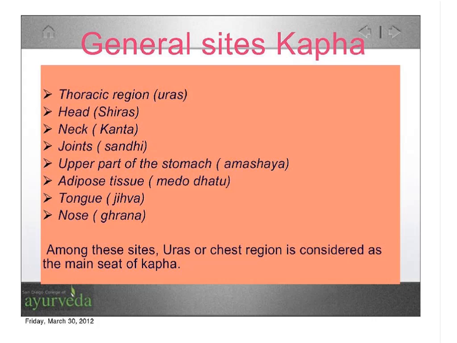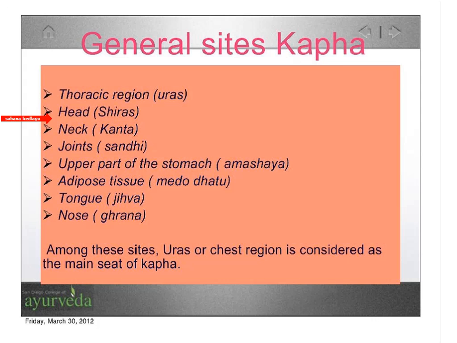So then the general sites of kapha: the thoracic region, called the urus, the chest area where the important vital organs are situated, like heart and lungs. That is one of the sites of kapha. The head, the shiras, where another important organ, the brain, is situated.